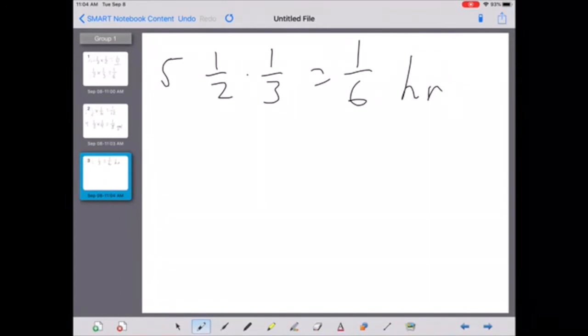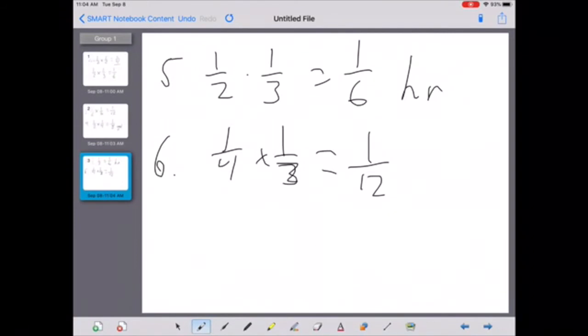Binley ate 1/3 of his share and took the rest of his share home. What fraction of the whole pizza? 4 friends, so they each got 1/4 of a pizza. And Binley ate 1/3 of that pizza. So I do 1/4 times 1/3 equals 1/12.